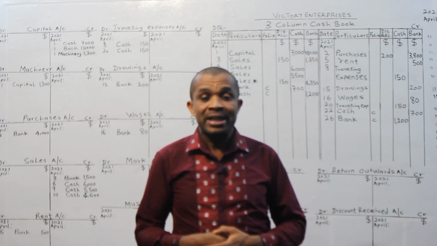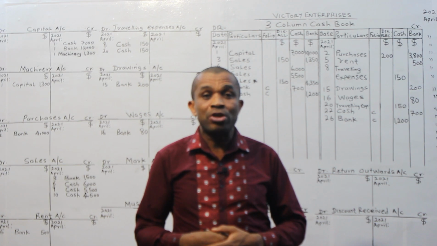Remember, we said that the cash book records only cash transaction and bank transactions. Now that goods was sold to Mark on credit, the sales account will be credited for selling the goods to Mark, while Mark's account will be debited for receiving the goods from sales.